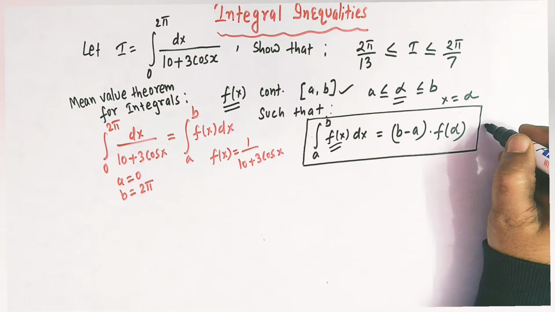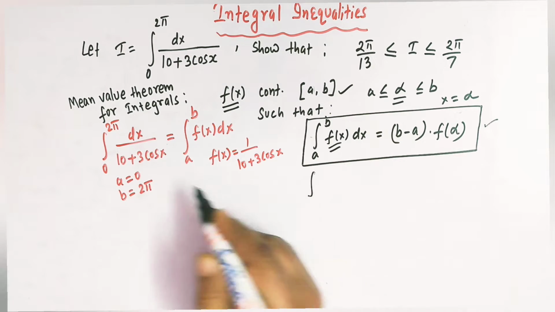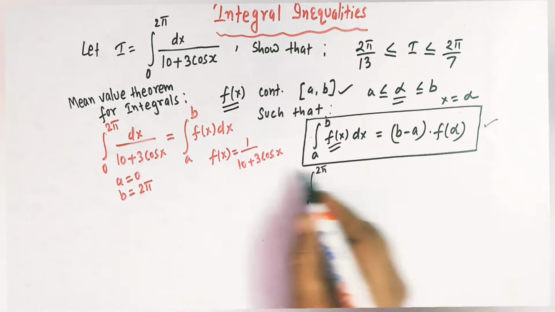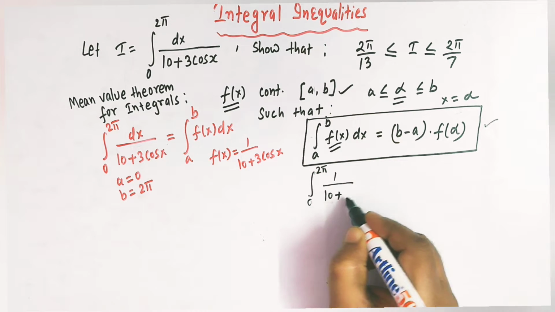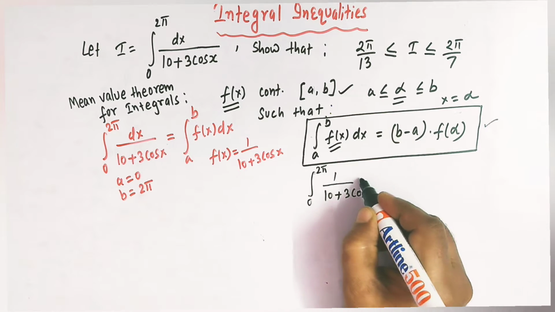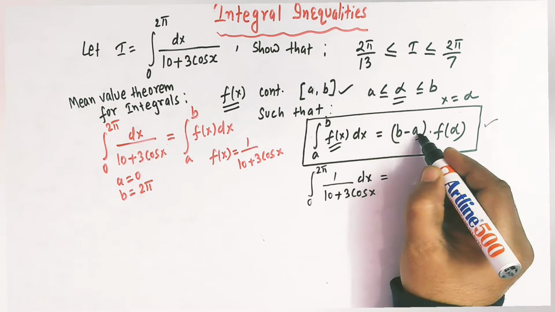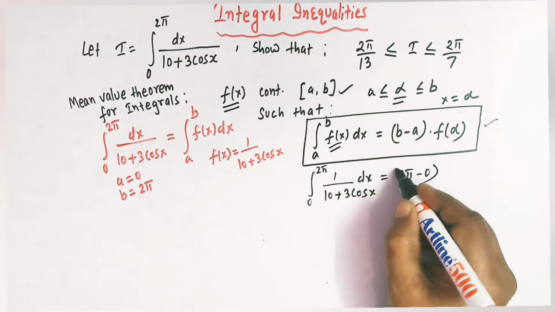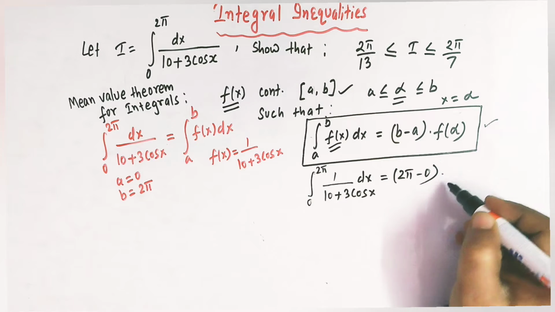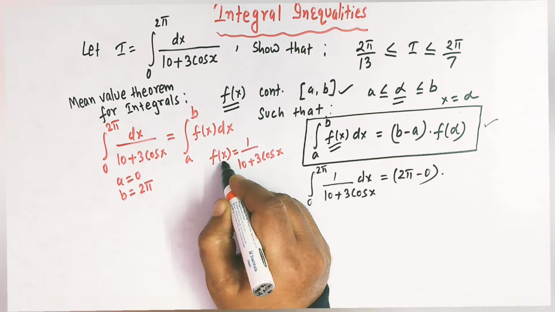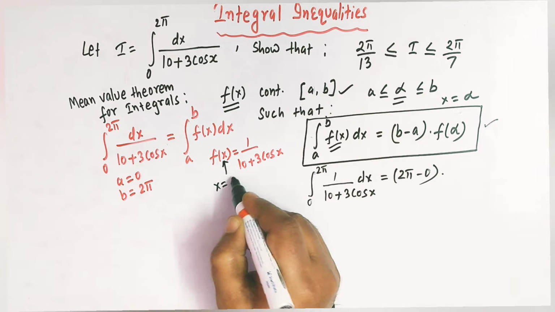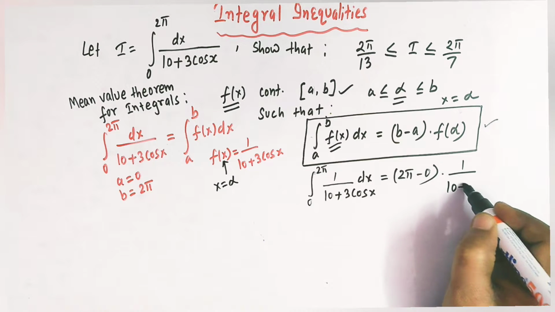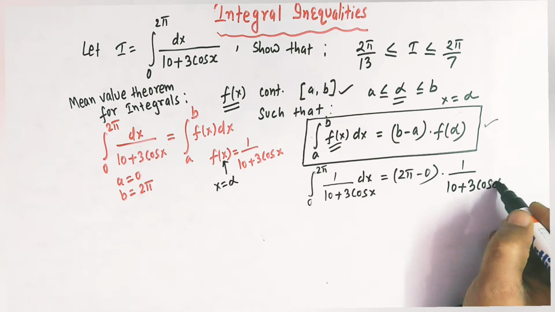According to this statement, we can now write the integral from 0 to 2 pi of 1 over 10 plus 3 times cos x, dx, is equal to b minus a, so b is 2 pi and a is 0, 2 pi minus 0, times f of alpha. f of alpha can be obtained by replacing x with alpha in f of x, so we have 1 over 10 plus 3 times cos of alpha.